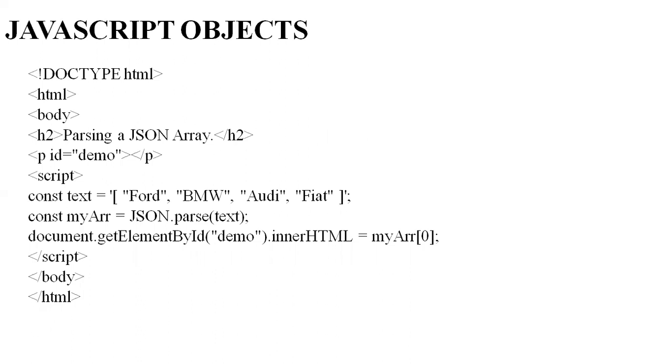The paragraph tag ID equal to demo, script tag, const text equal to the values Ford, BMW, Audi, Fiat. const myArr is JSON.parse(text). For the array, text[0], text[1] BMW, text[2] Audi, text[3] Fiat can be printed. document.getElementById demo innerHTML myArr[0]. The output is Ford. The script tag should be closed, the body tag should be closed, then the html tag should be closed. Thank you.